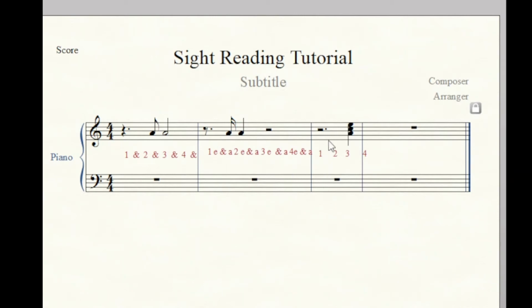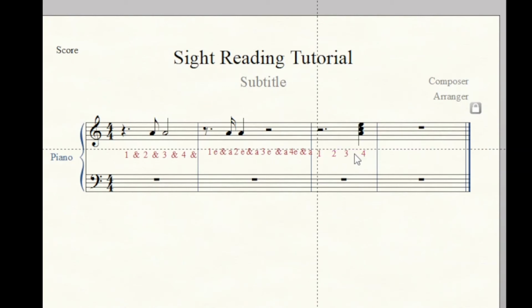And the same goes for the half note rest or the half rest. It's held down for 3 beats because the half rest is 2 beats plus half that is 1 beat, so that equals 3.